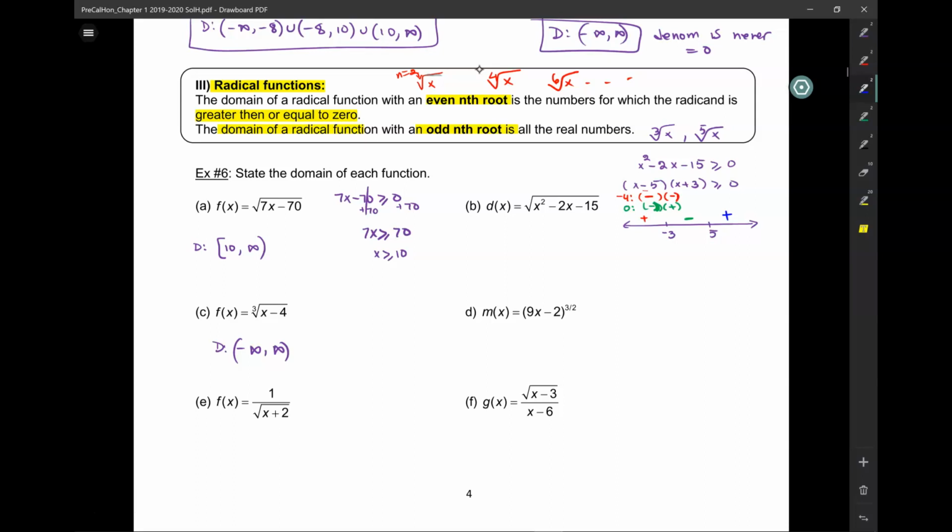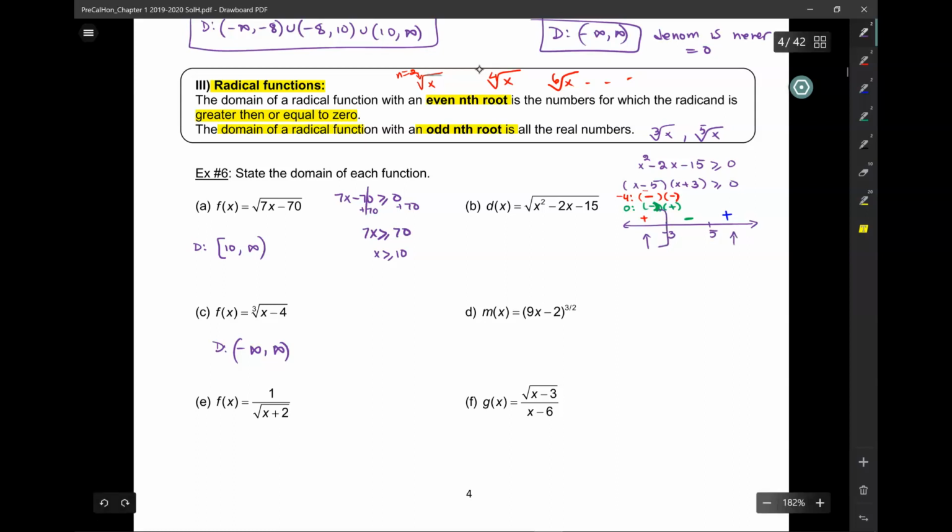Okay, so I kind of lost sight of what I was doing, right? I'm looking for a domain. I want the values of x that are going to make the radicand positive. So I take the first and the last region. So I'm going to take this region and this region. Okay?